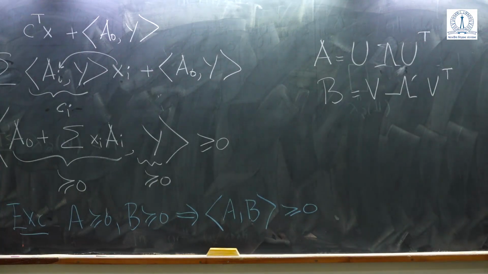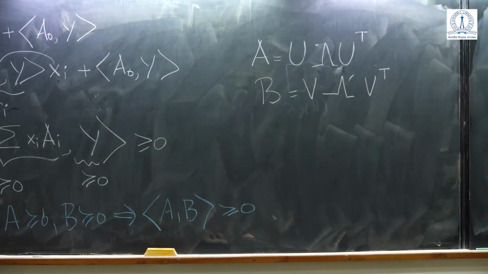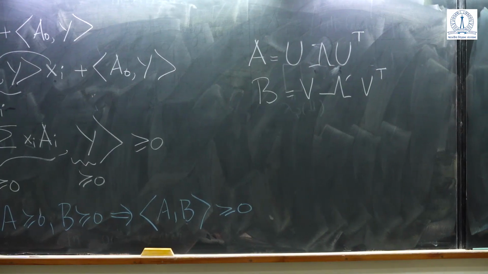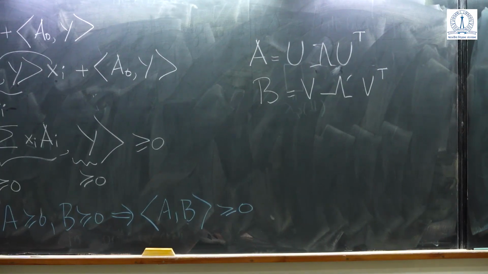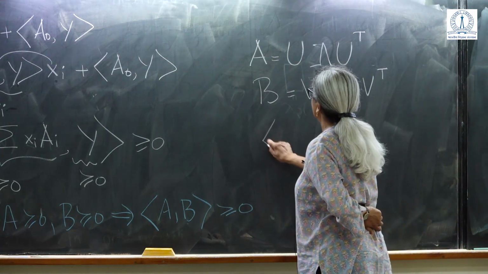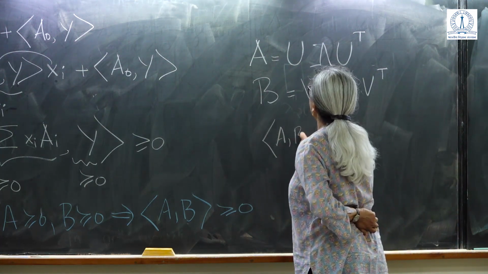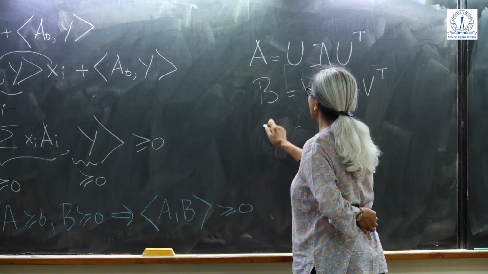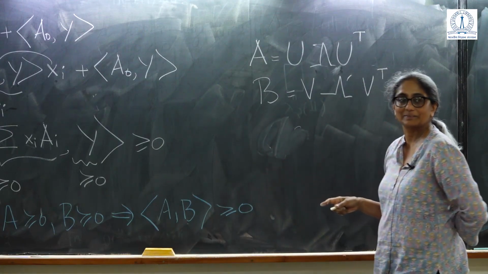This is the spectral decomposition of both of them. The lambdas are diagonal with non-negative diagonal entries because these are PSD matrices. So what happens when you take the inner product? We can multiply the two. Let's use a trace definition.